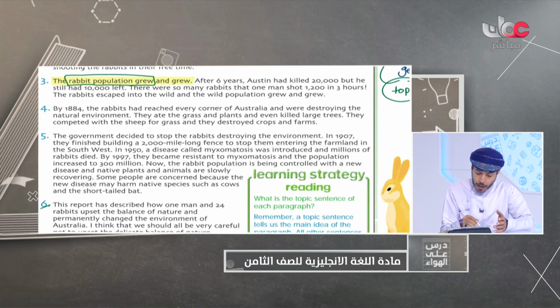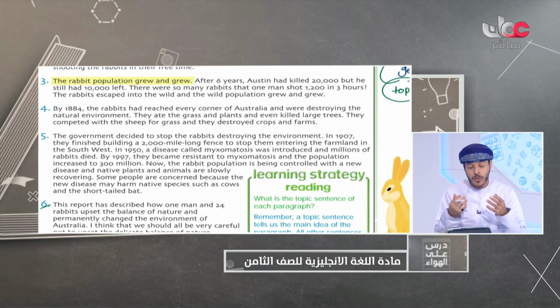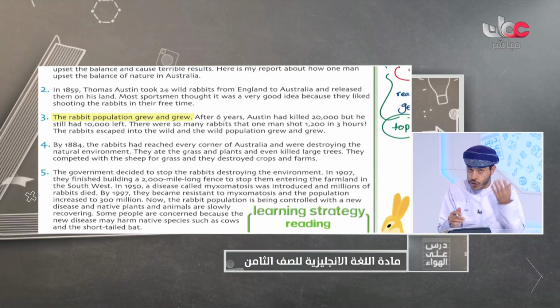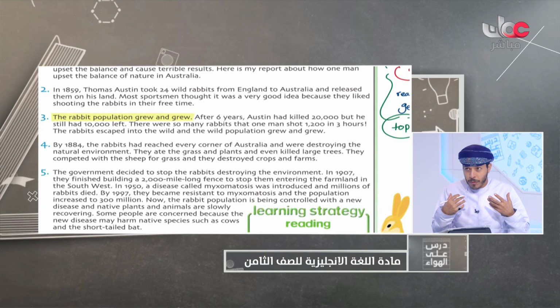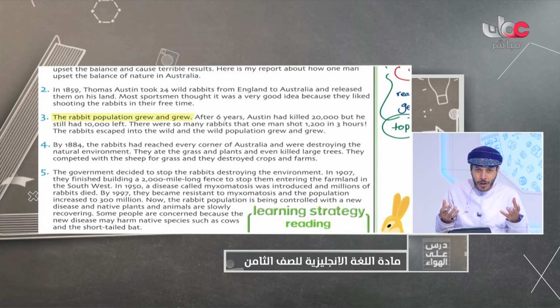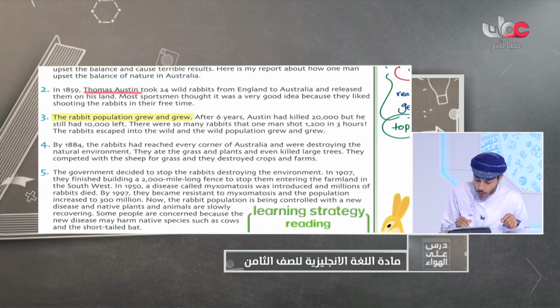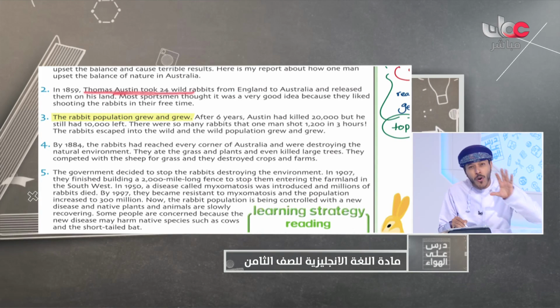Then, in paragraph number 3, we are talking about the population of the rabbit, which is growing or developing. So here we are talking about the number of population of rabbits. So try to be like Detective Conan. You know Conan, right? Try to analyze things. From the first sentence here, Thomas Austin took 24 wild rabbits.